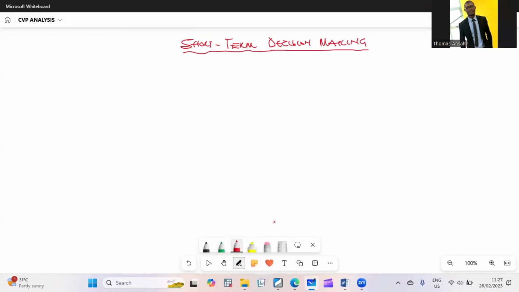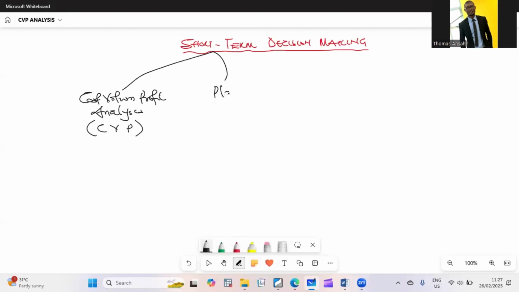Now, in talking about short-term decision making, there are four major topics under it we are going to be looking at. So we have the cost volume profit analysis, which we usually call the CVP analysis. Then we have planning with limiting factors.